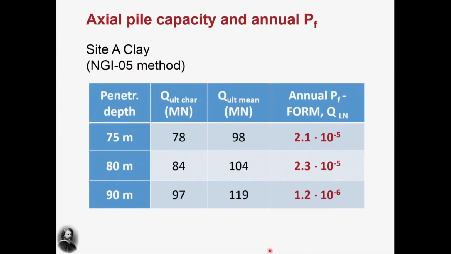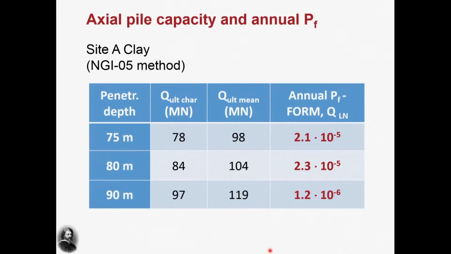I have an example of the annual probability of failure calculated as a function of the pile length in the site with the clay. The pile penetration depth was 75, 80, and 90 meters. The deterministic design with the factor of safety 1.5 with the characteristic strength that I showed you first gave a 107 meter pile. You cannot penetrate 107 meter piles when you have a very dense sand layer at a depth of 90 meters.